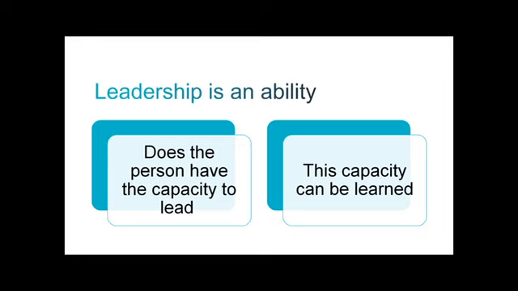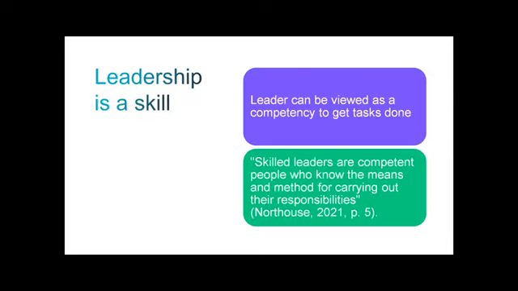Leadership as an ability is another theory. This has to do with the person having the capacity to lead, and this capacity can be learned. Leadership as a skill is the next theory. A leader can be viewed as having a competency to get things done.